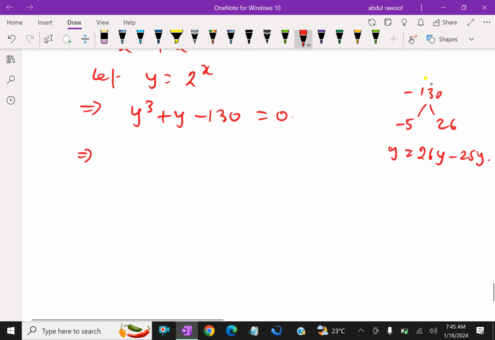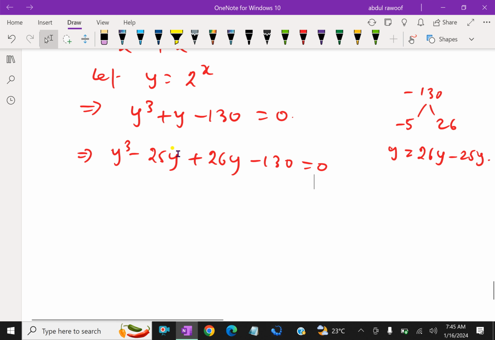Therefore, this equation can be written as y cube minus 25y plus 26y minus 130 equals 0. Right here, minus 25y plus 26y is y.